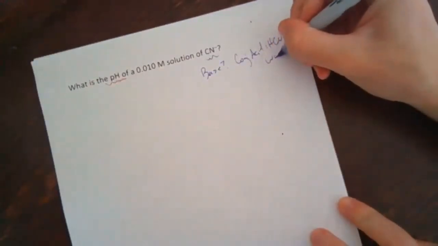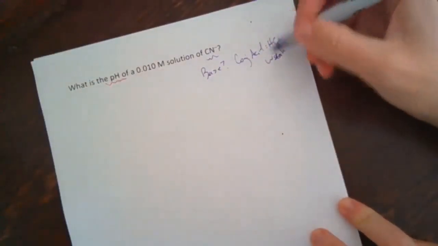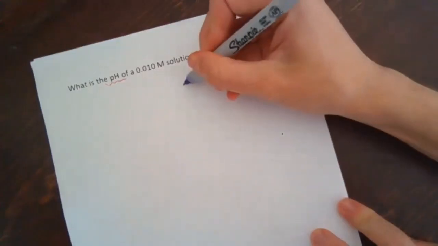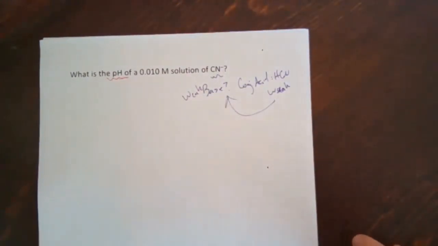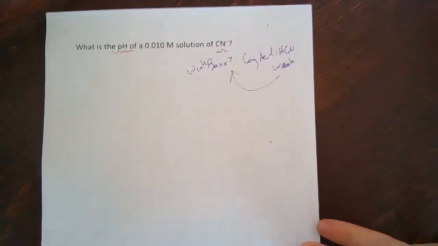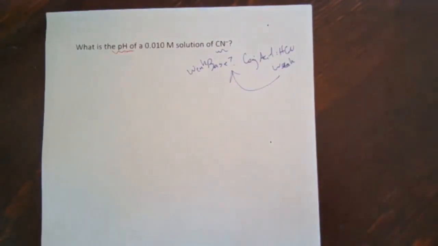Because the conjugate acid is weak, that means CN minus is a weak base. So what that means is that when you dissolve cyanide in water, you produce hydroxides. You produce some hydroxide that will then affect the pH of the solution. It would turn it into a basic solution.